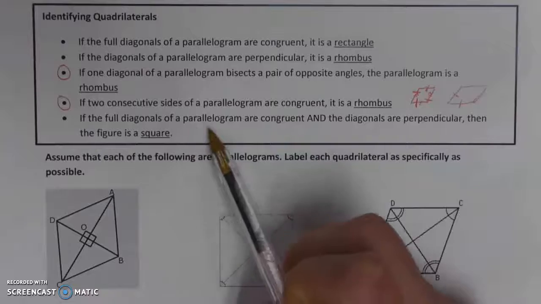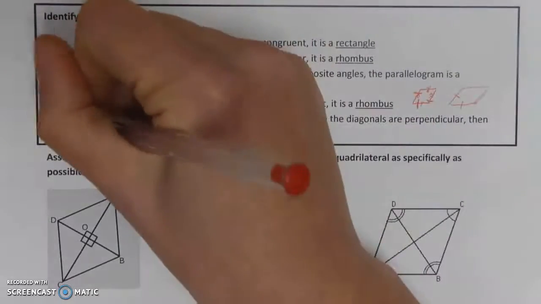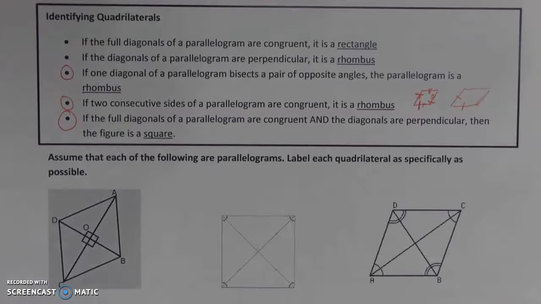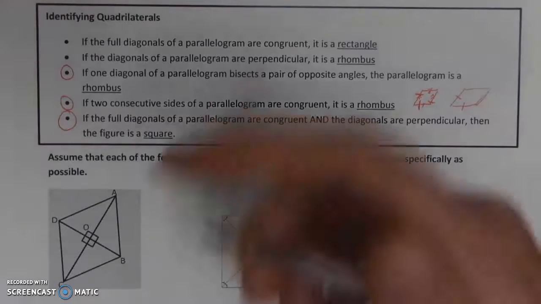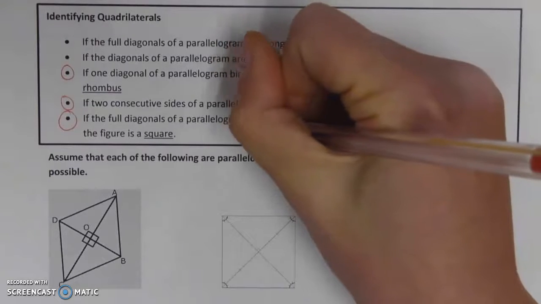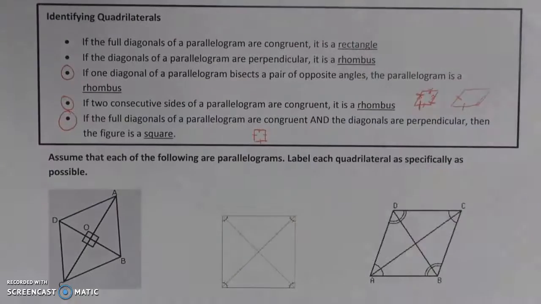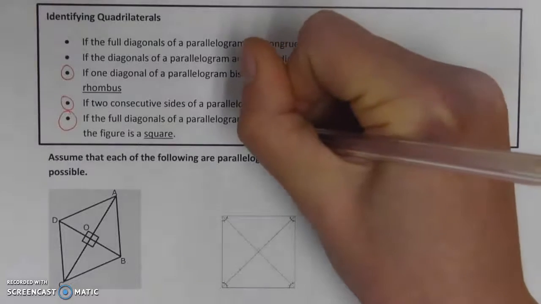The next thing that we can conclude, and this is the other new one, is if the full diagonals of a parallelogram are congruent and the diagonals are perpendicular, the figure is a square. So in other words, if something is both a rectangle and a rhombus, it has to be a square. And that makes sense because if you look at a square, it has all equal sides, that's the rhombus part of it, and it has 90-degree angles, that's the rectangle part of it.